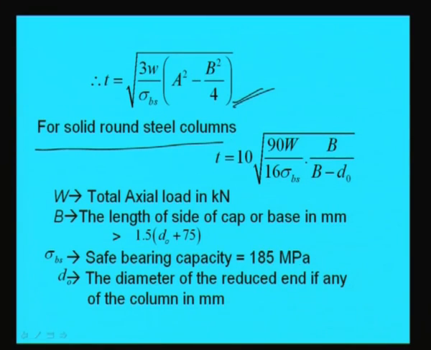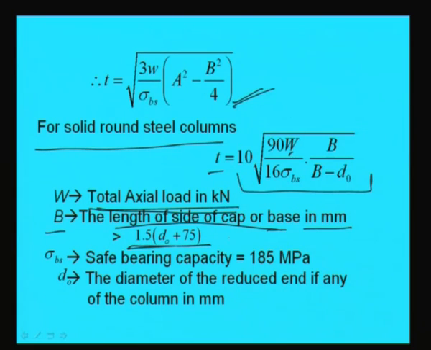Okay. Now for solid round steel columns, the thickness can be expressed in this way: 10 into square root of 90W by 16 sigma bs into b minus b by b minus d0, right, where this capital W is the total axial load in kilonewton, and b is the length of side of cap or base in millimeter, and it has to be greater than 1.5 into d0 plus 75.